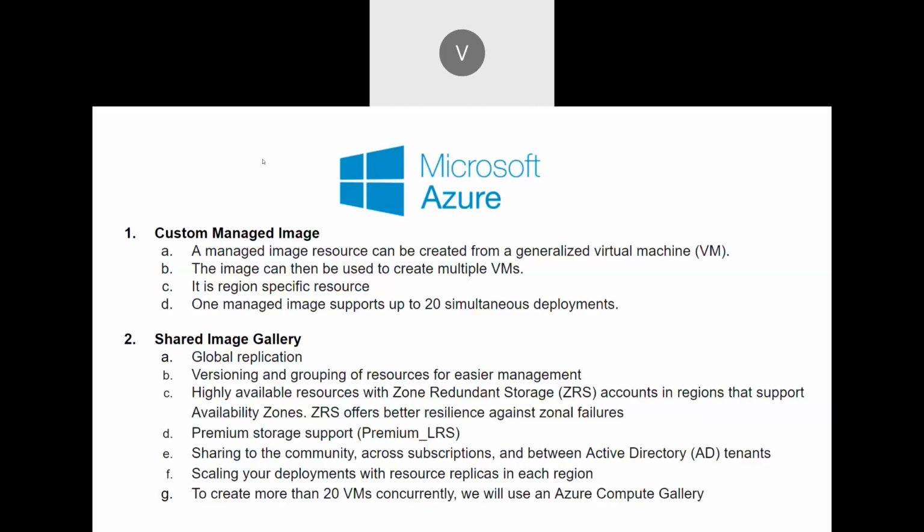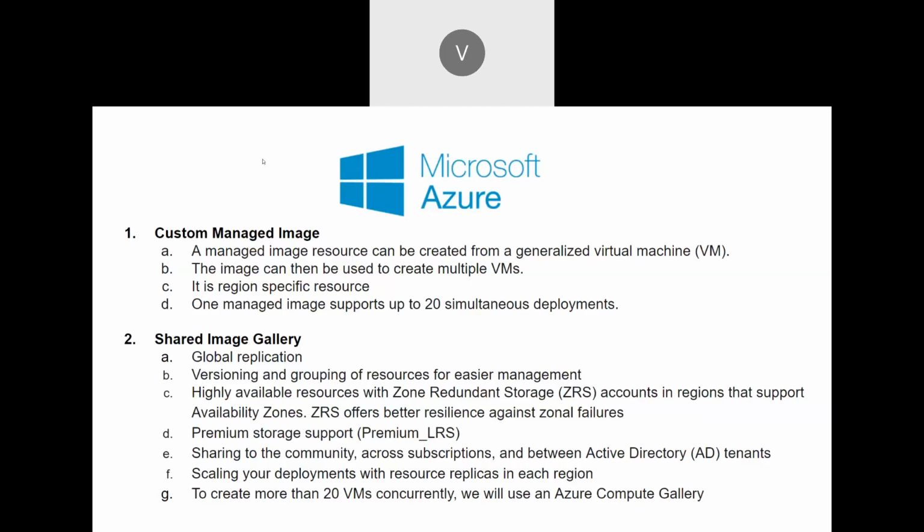How can we generalize a virtual machine? First, the machine has to be stopped, and then we generalize it. Generalize means all the user information will be removed, and only the specific configuration of the software will remain with the machine. With that, they build a custom OS image, and from that image we can create multiple VMs.